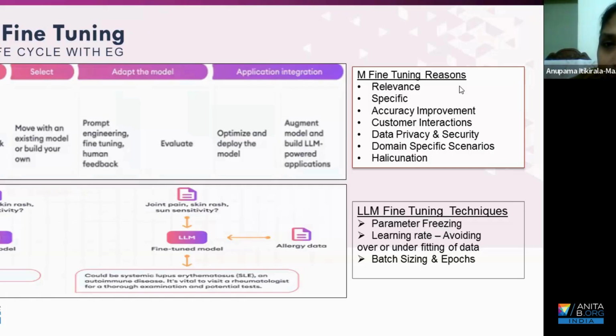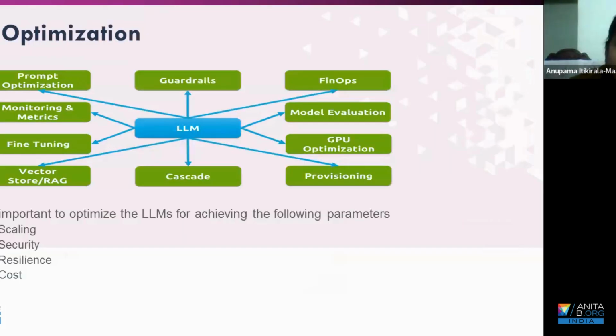So that's what the LLM fine-tuning regions and the techniques we have. Like I spoke about the parameters. I spoke about the batch sizing. Maybe I would like to get from each geography, those things. So this diagram says that we have different techniques like prompt optimization. We are aware of the fine-tuning we spoke about, and everybody who is advanced knows about RAG, vector stores, vector databases.